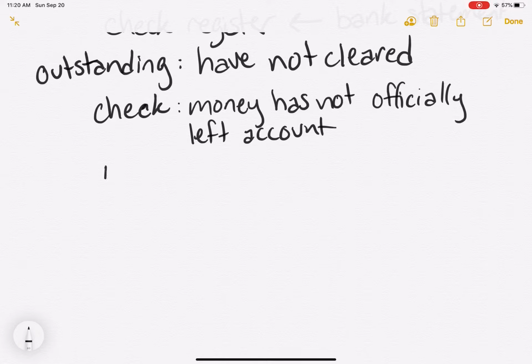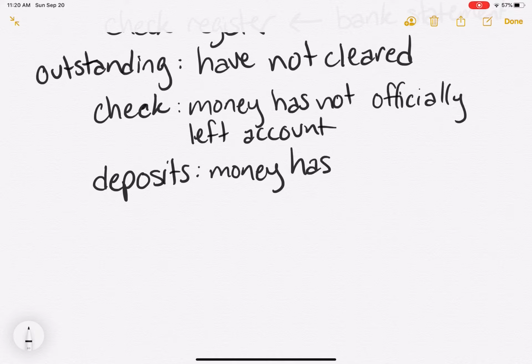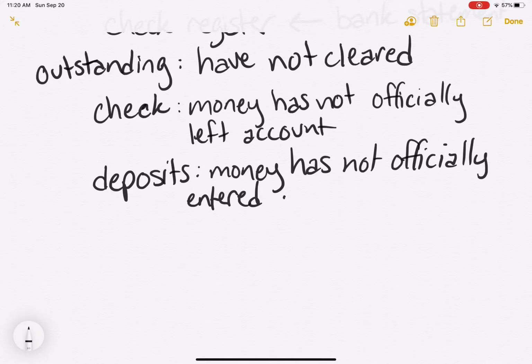So the other thing that could be outstanding is deposits. And that's when the money has not officially entered your account. Now, the reason that this could be an issue is if you think you got a paycheck of $3,000, but it actually hasn't cleared into your account yet, and then you spend like the money is in it, then you could end up falling short again and being charged overdraft fees.